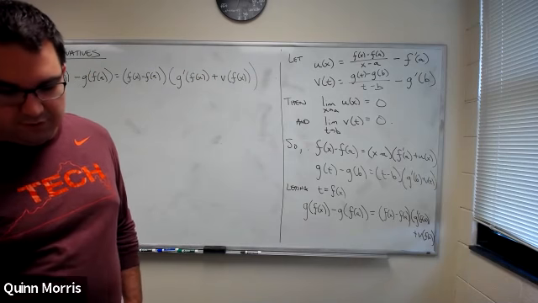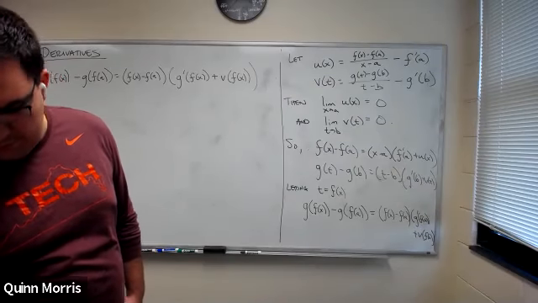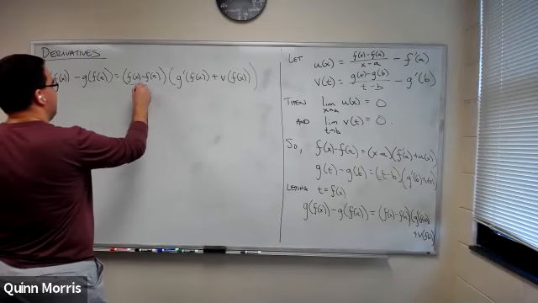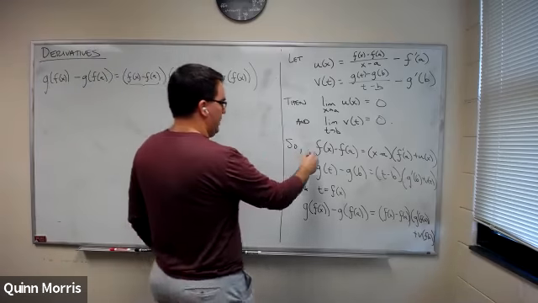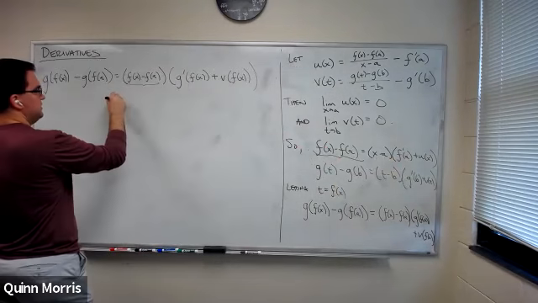Sorry, there's just some algebra; I have to make sure I do it correctly here. Now I have this f of x minus f of a, and I can use this piece here to substitute for it.